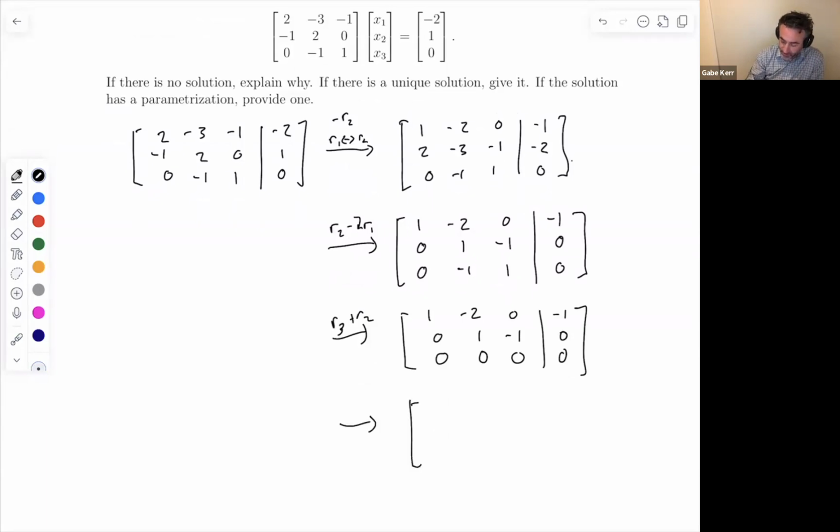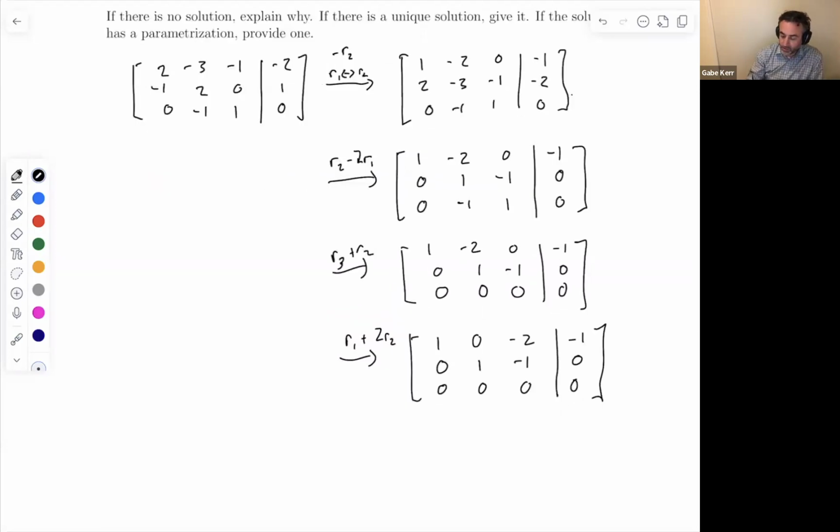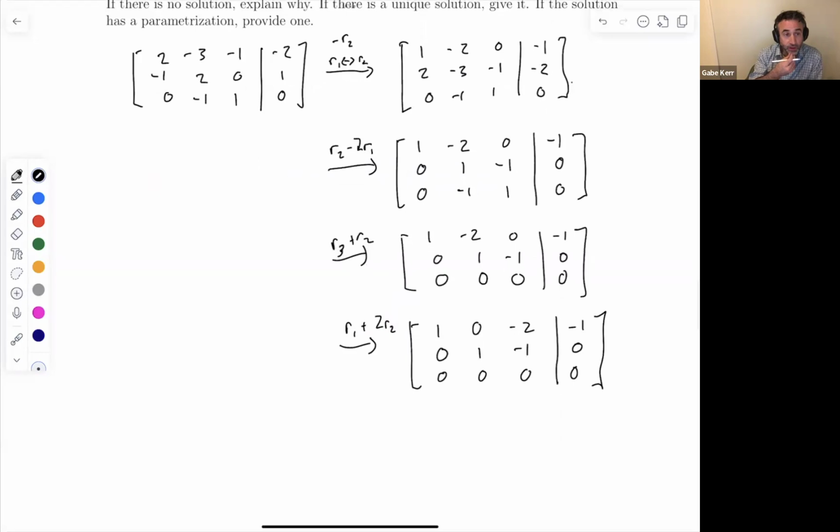Let's add 2 times R1 plus 2 times R2. 0, -2. Oops, not 0. This one. 0. 0. All right, so what do you think? Everyone's happy? Good. We've got 1 free variable, yeah.